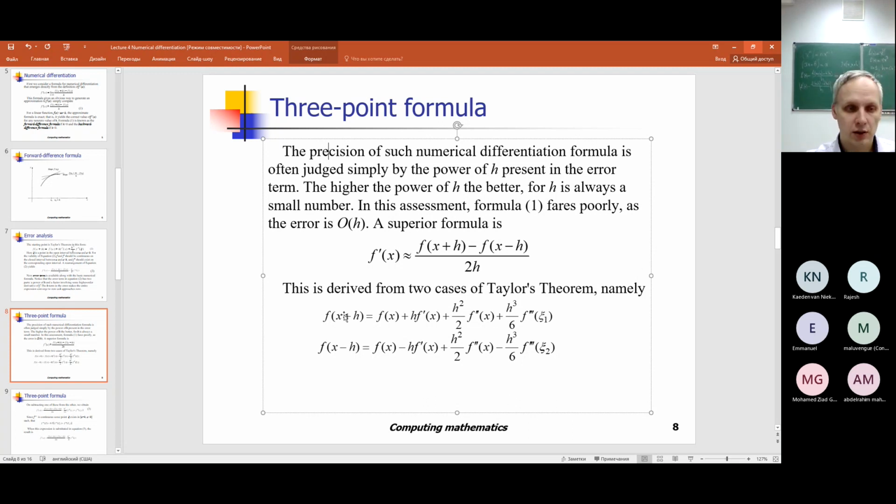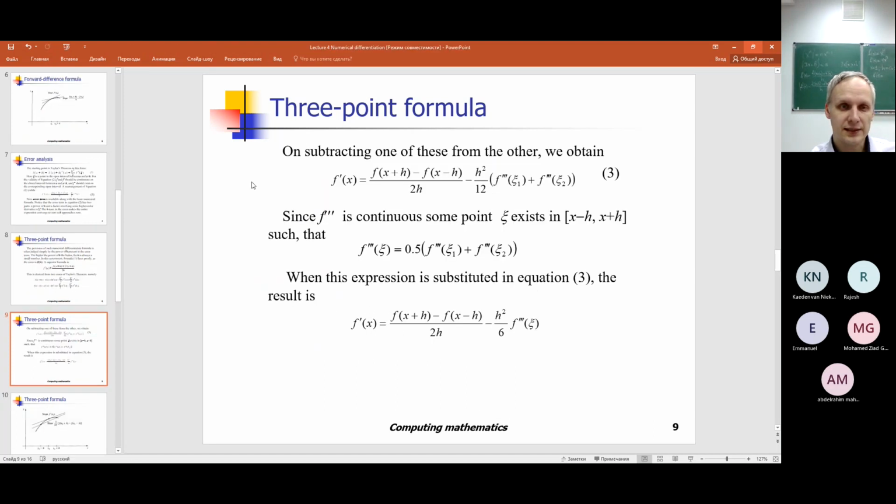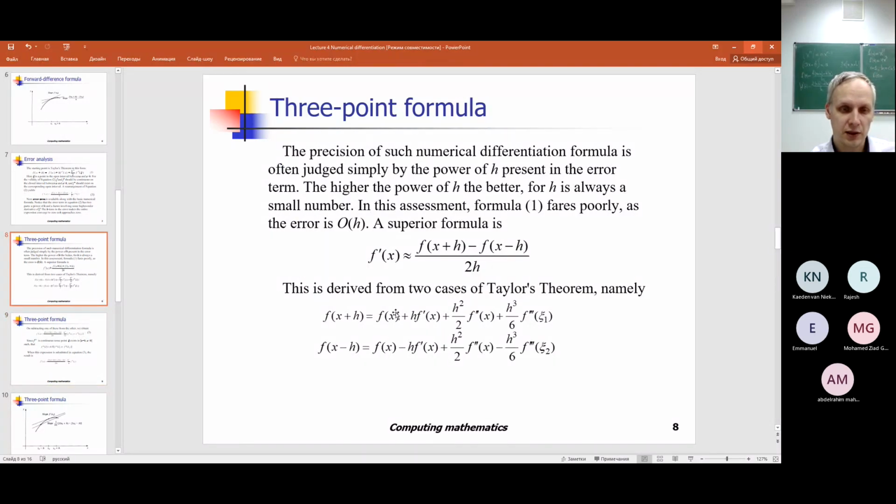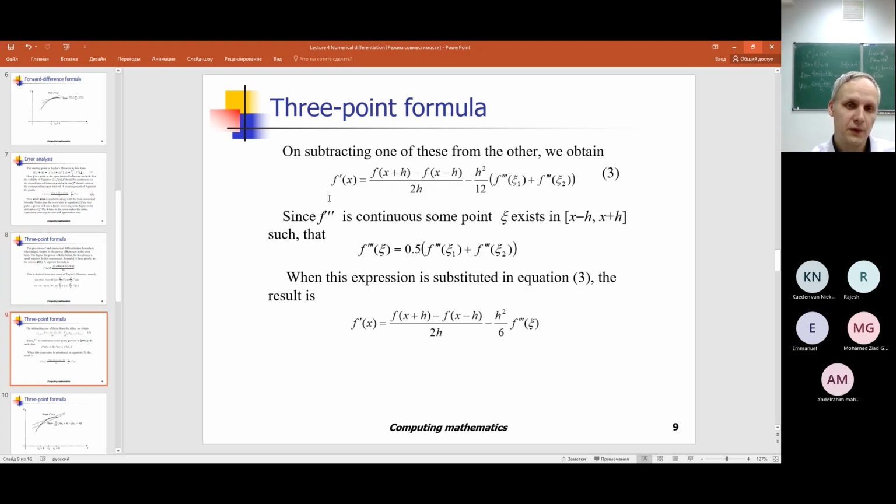Suppose that we write a Taylor formula for x plus h, and at the same time, we write the same formula for x minus h. After that, we can subtract one of these from the other. For example, we can subtract from the first one the second one. And in this case, we obtain the formula number 3.